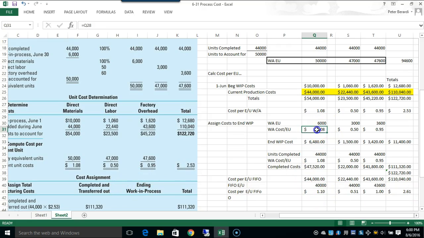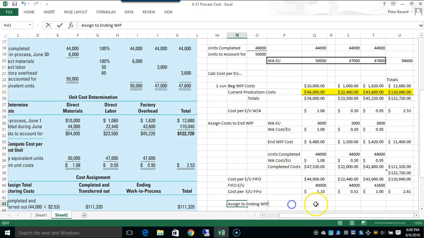Notice the difference. Under weighted average is $1.08 versus $1.10. Cost is 0.51 versus 0.50, and $1.00 versus 0.95. So our cost per equivalent unit under FIFO is a little higher because our production costs versus our units started came in a little higher. So now we have to allocate, assign to ending WIP.